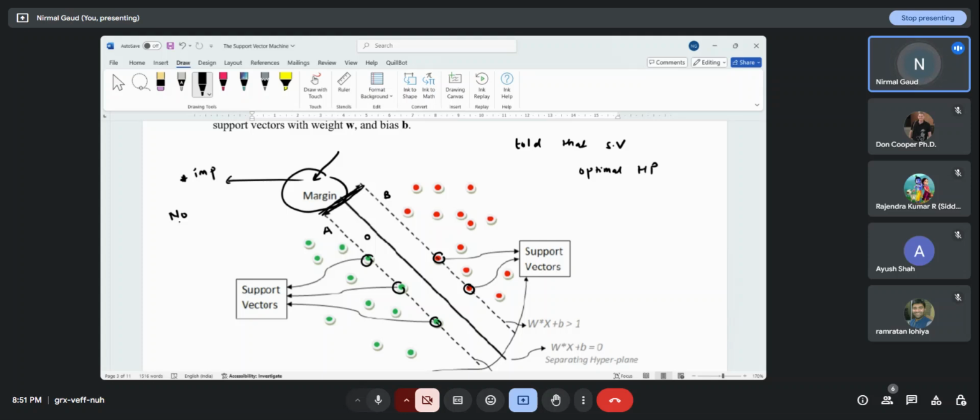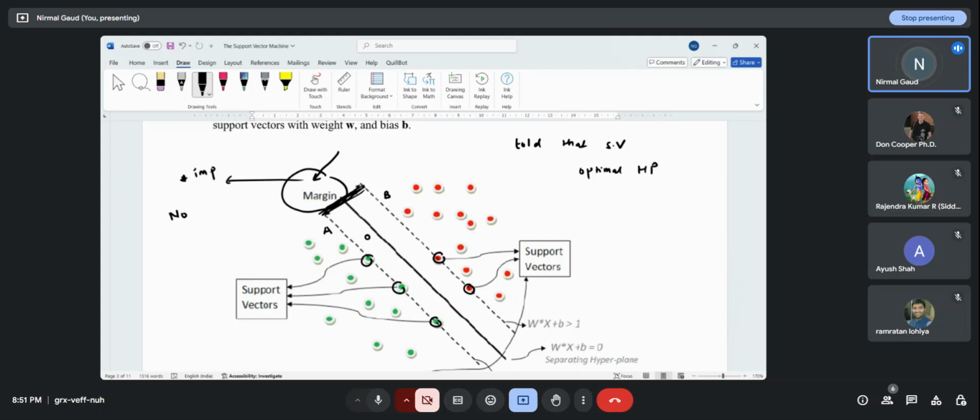But you will say, sir, this point is very much closer to the decision boundary. No, I will not call it a support vector because it will not define the decision boundary properly. I need to take care that there should be a proper distance between these two class boundaries. Those points only I will be considering as support vectors.